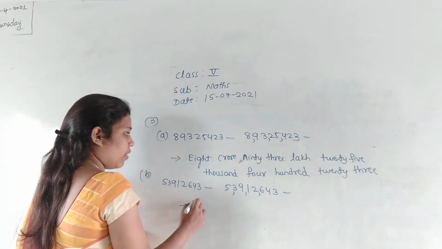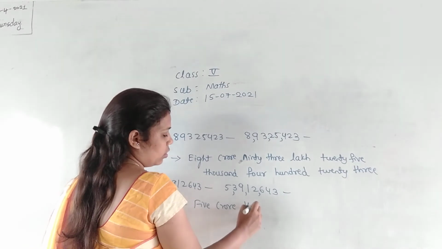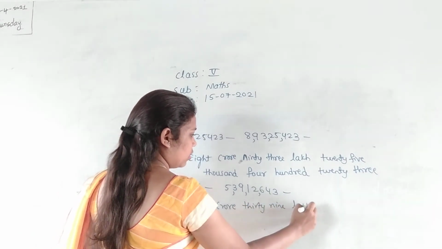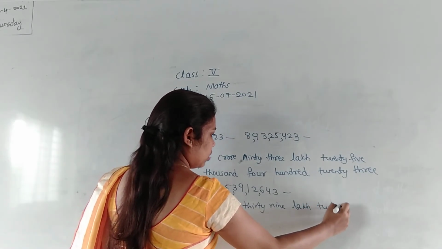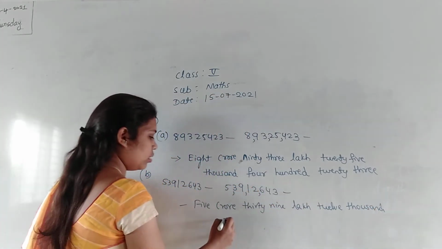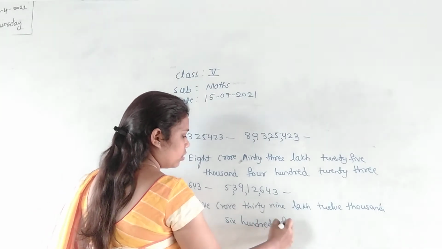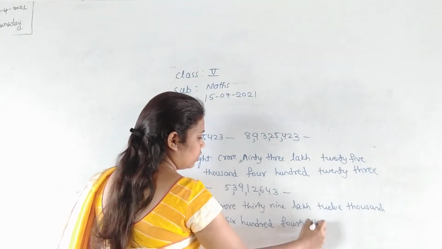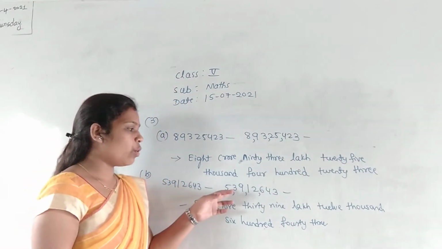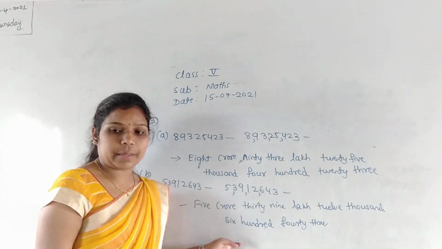That is 5 crore 39 lakh 12,643. So that is the number. 5 crore 39 lakh 12,643 is the number name.